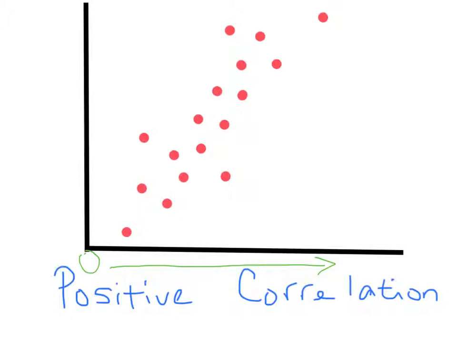In a positive correlation, that means as our x's get bigger, going this way, then our y's are going to get bigger. So what we end up with is a graph that looks like it's going up. That means positive. So if you can remember positive equals up, then that will help you remember that.